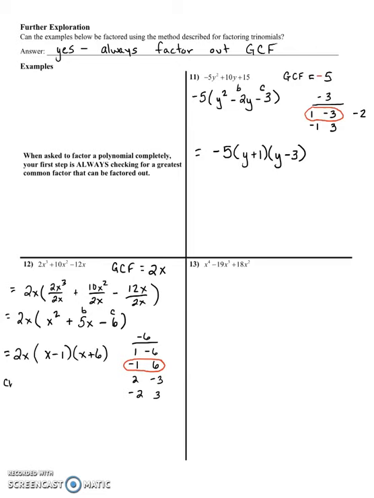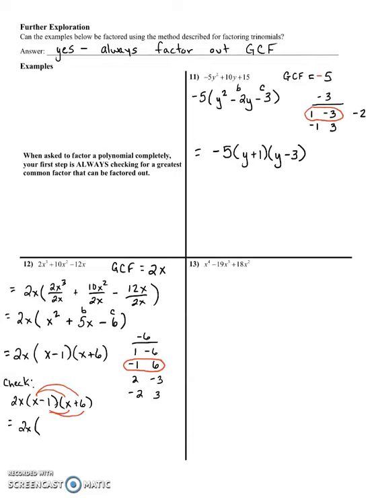And if we want to check this, we can. So we start by foiling the binomial factors. So that leaves us, okay, 2x out front.